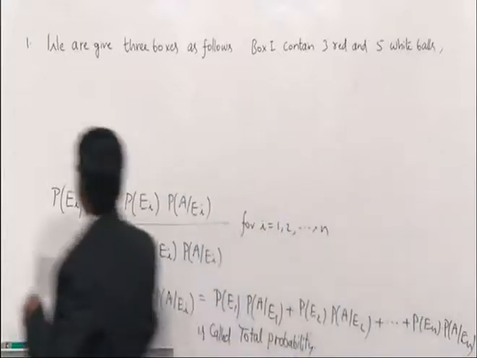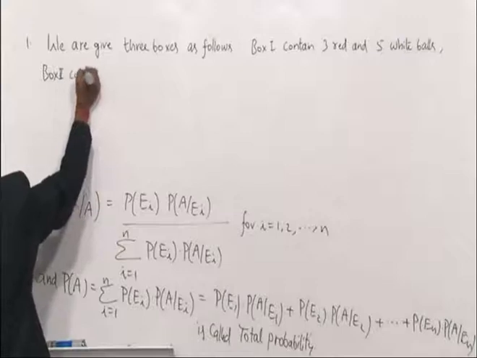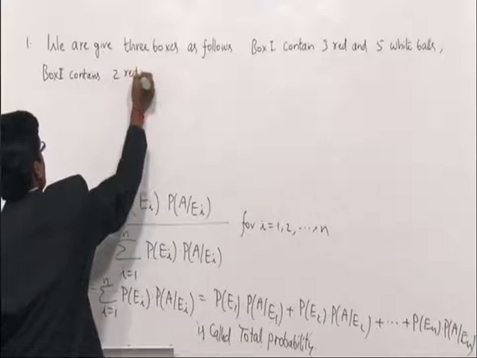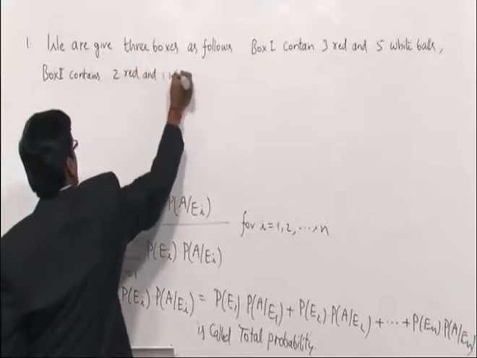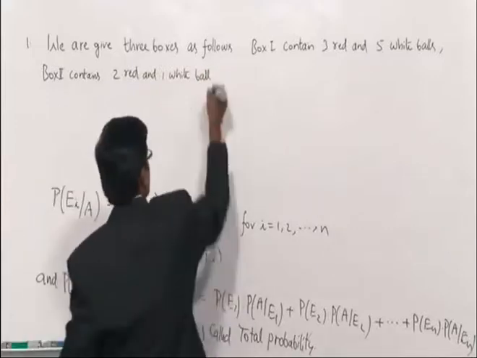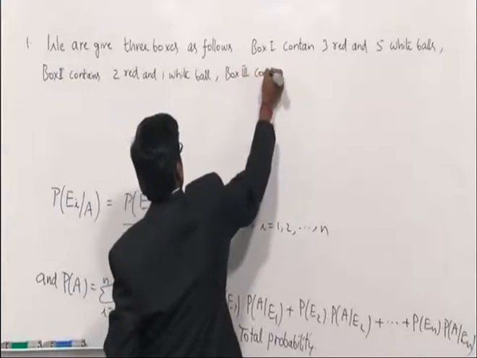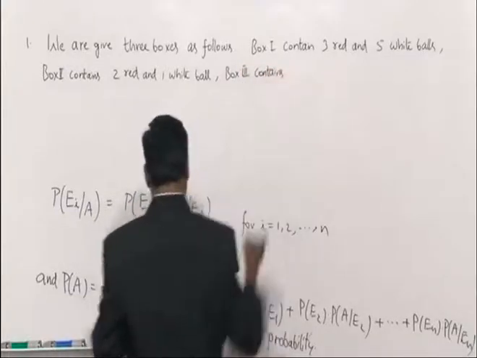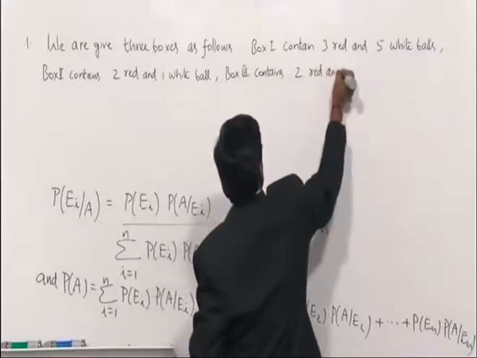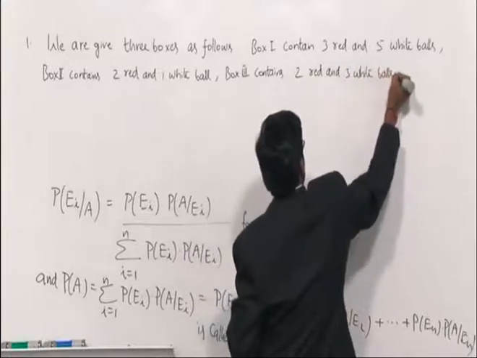Box 2 contains 2 red and 1 white ball. Box 3 contains 2 red and 3 white balls.